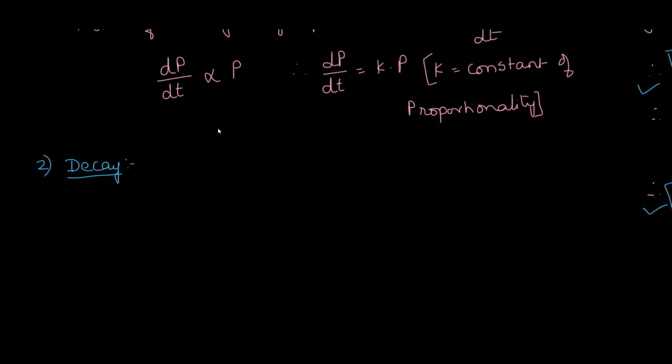Now we go on to study decay problems. Here I am going to talk with respect to radioactive elements. Now what are radioactive elements? Radioactive elements are those substances such as radium, uranium, etc., which we have learnt in your lower classes.